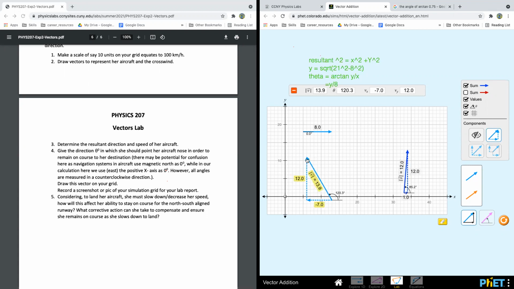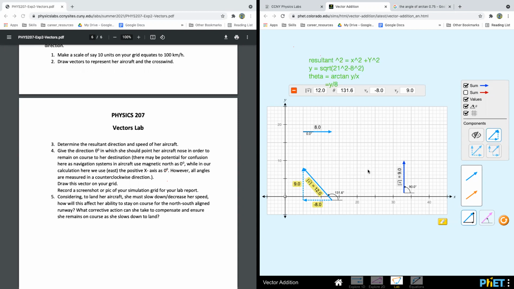If she wants to decrease again, then if you want the resultant to remain on course, you would just change her direction even more west. Basically, you want to maintain the x component always at 8 to balance the wind.